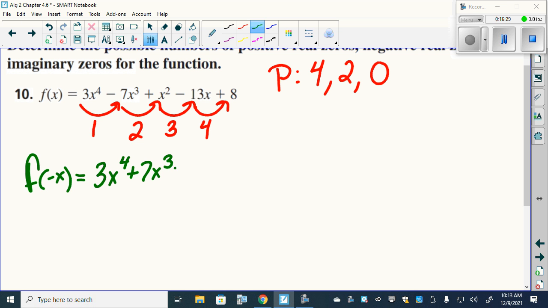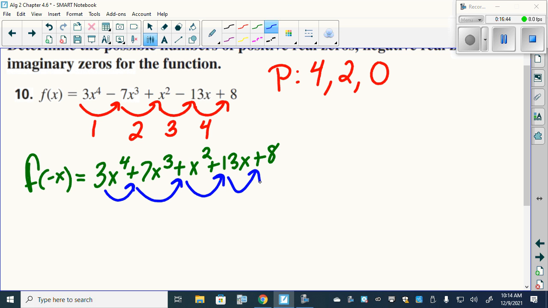The positive x squared will stay the same. The negative 13x is going to switch, plus 8. Because they are all positive, the number of negatives is 0.